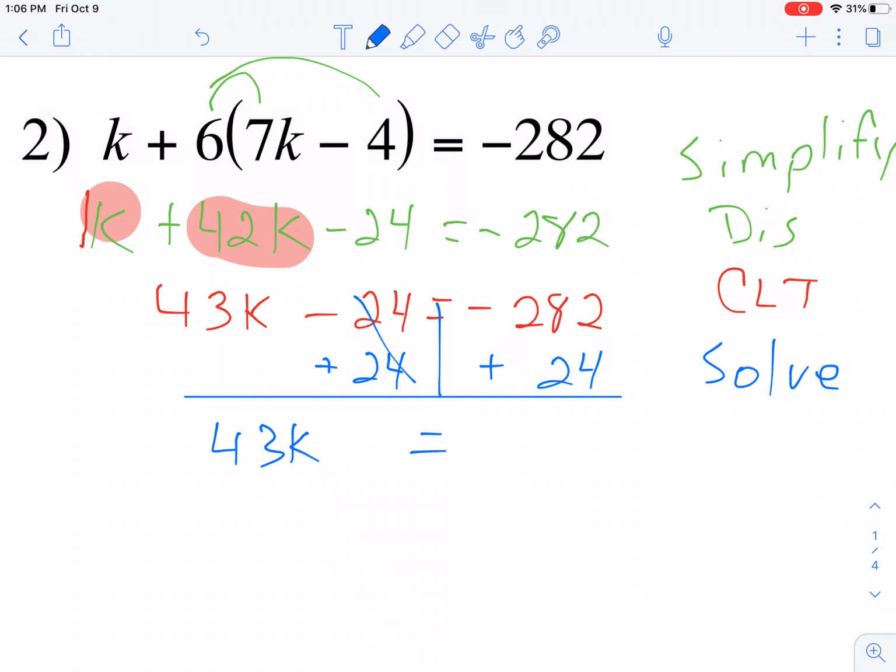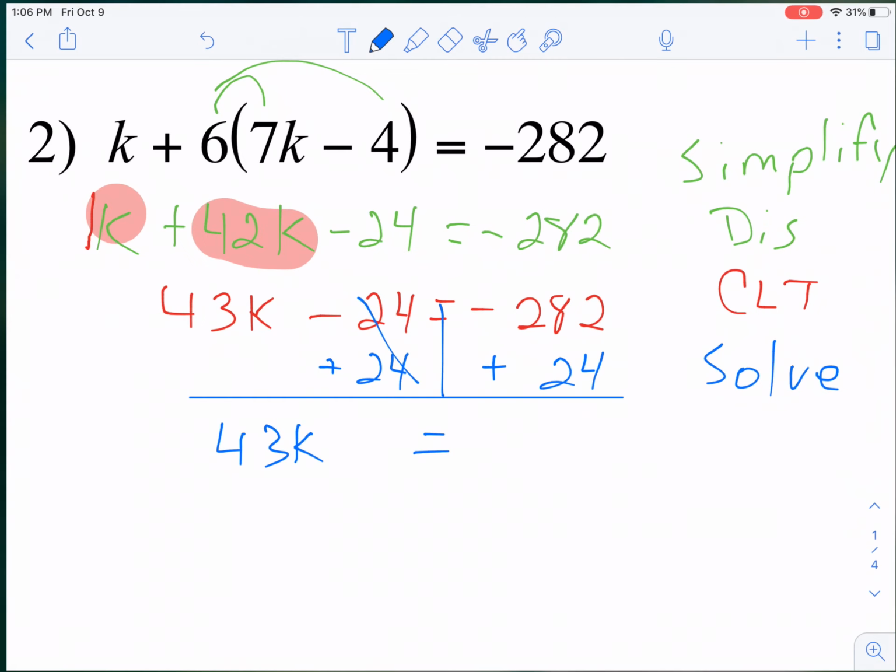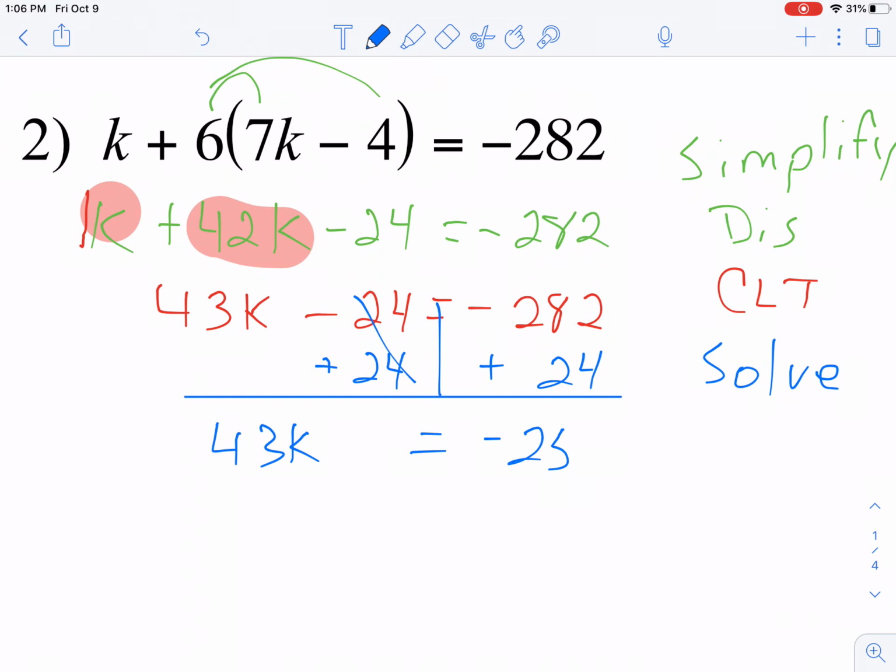Equal sign drops down. I'm going to use Desmos Scientific Calculator. Negative 282 plus 24 gives me negative 258. That step was called the inverse of addition.